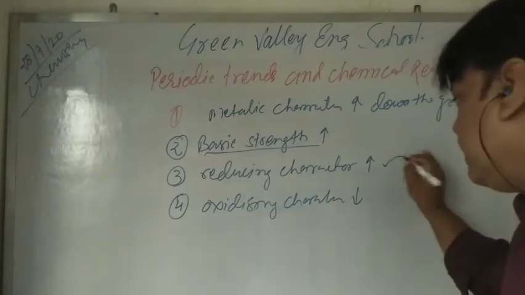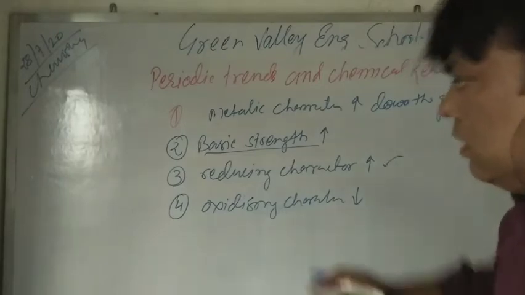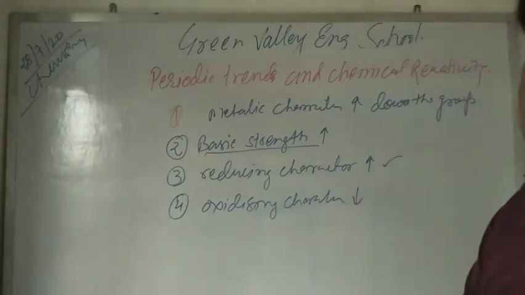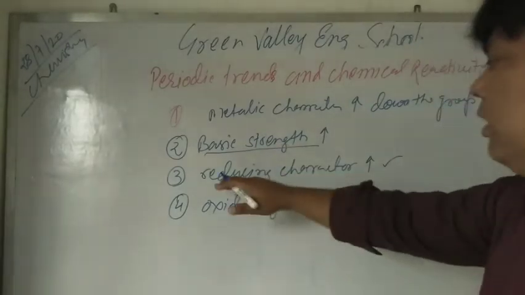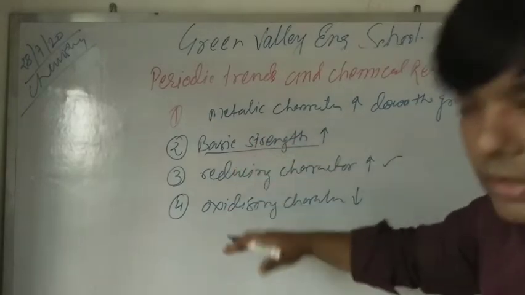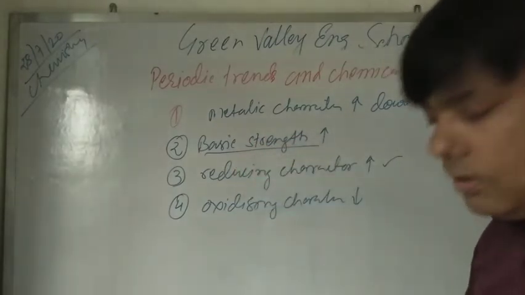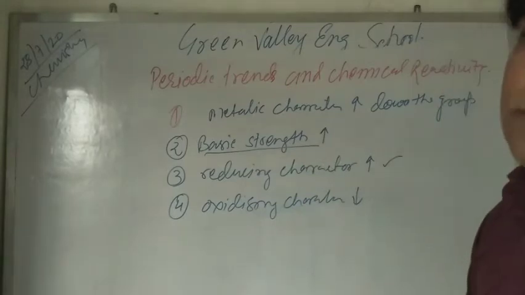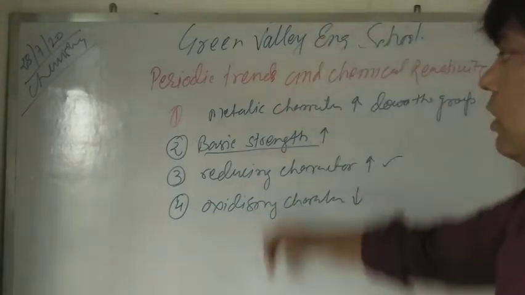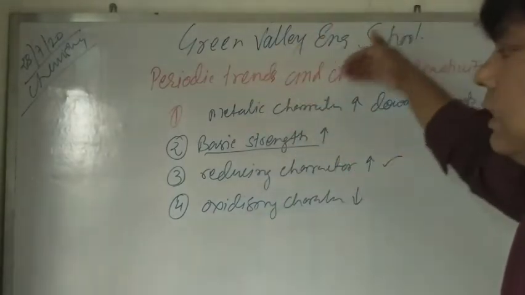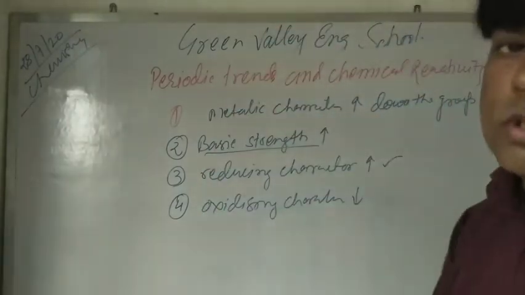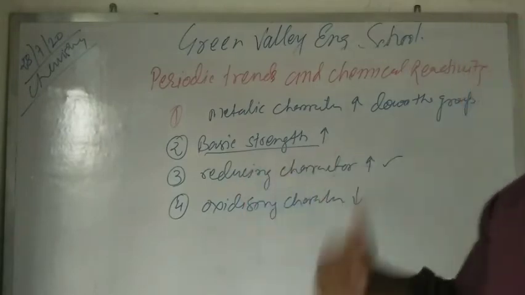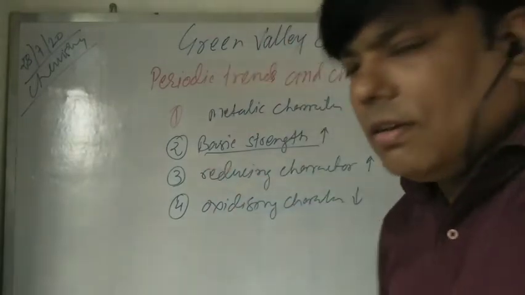So reducing character will also increase. Reducing character and oxidizing character are opposite things. So if reducing character increases, then definitely oxidizing character will decrease. Metallic property means electropositivity. As we move down the group, electropositivity increases, or you can say electronegativity will decrease.